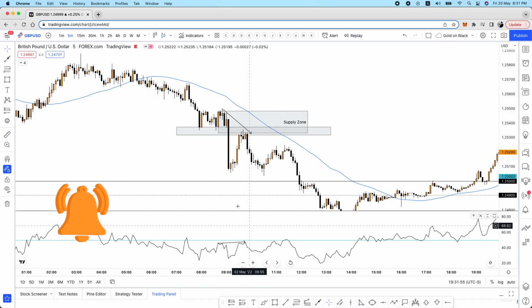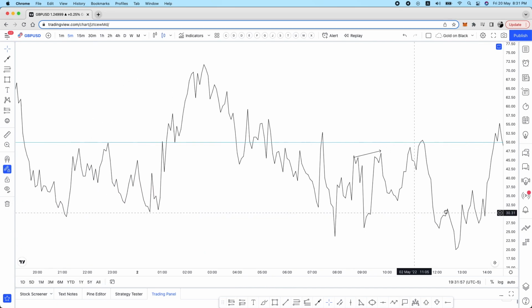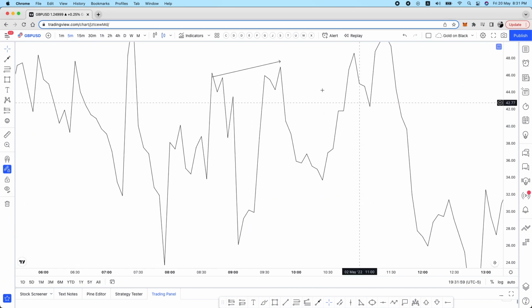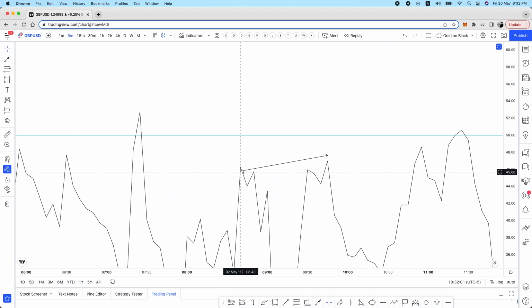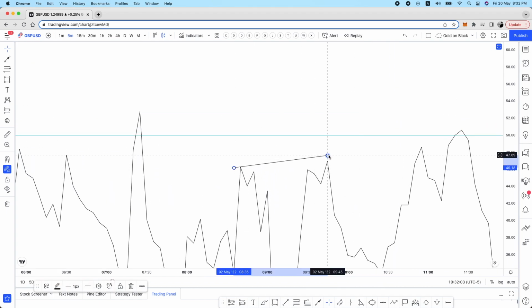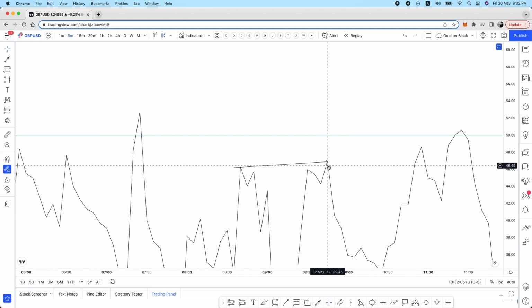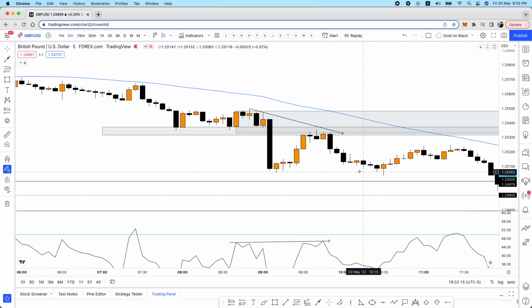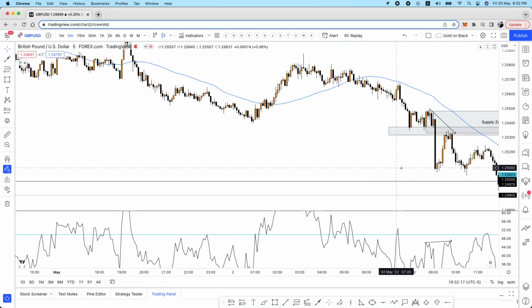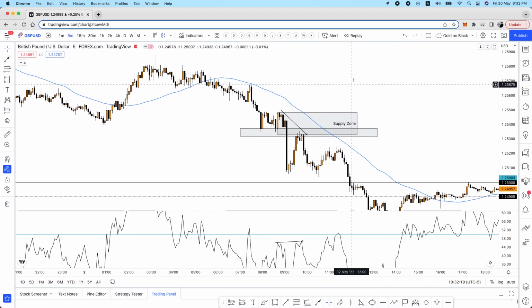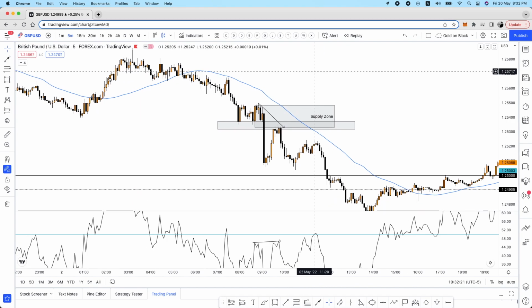If you go this way, you see that this is the low, and right here it's a high, the highest point at this point, and then after that it created a new higher high. So it's very small, but it is a very important divergence going on.